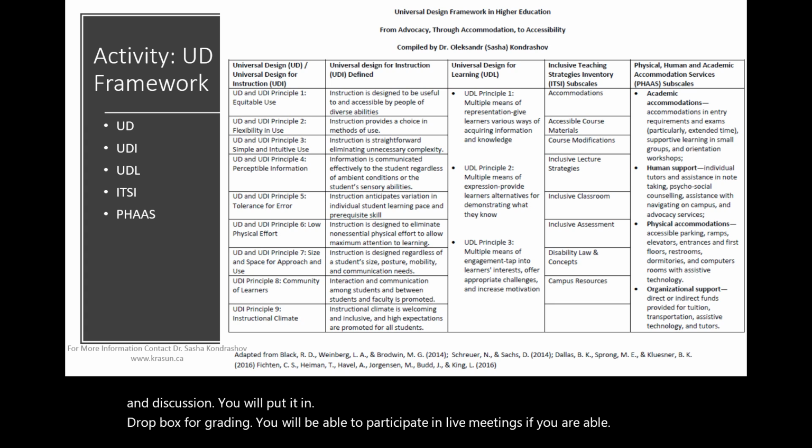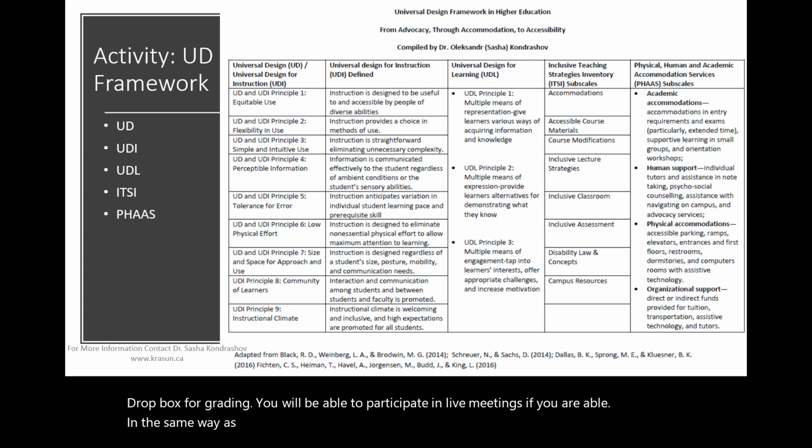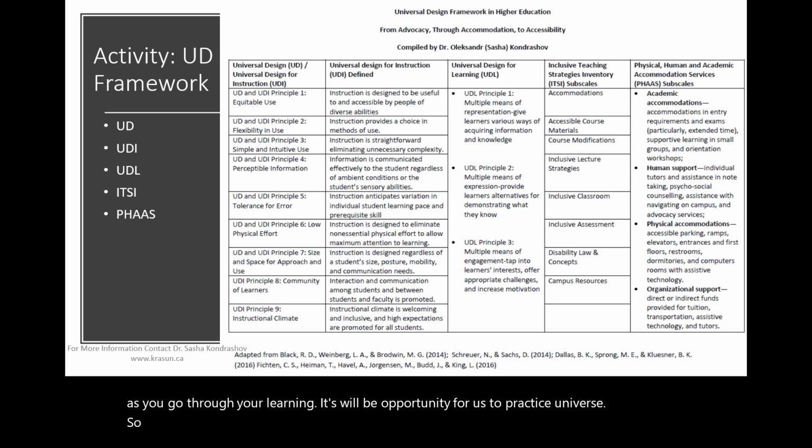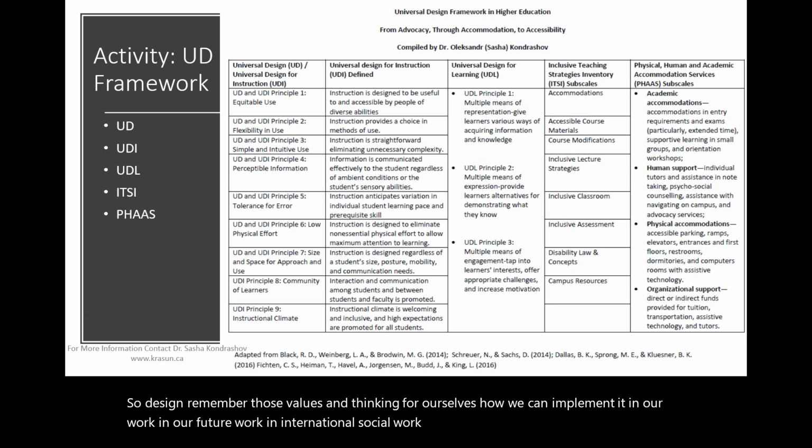And the same way with engagement with others, you can connect with other members of the class as you go through your learning. It will be an opportunity for us to practice universal design, remember those values, and think for ourselves how we can implement them in our future work, in international social work practice and local. In the same way, it's universal.